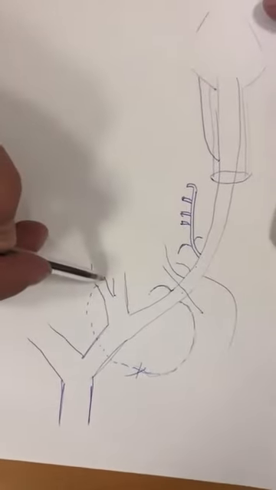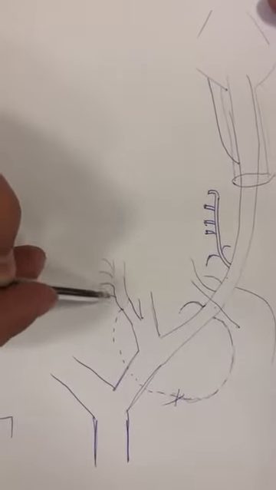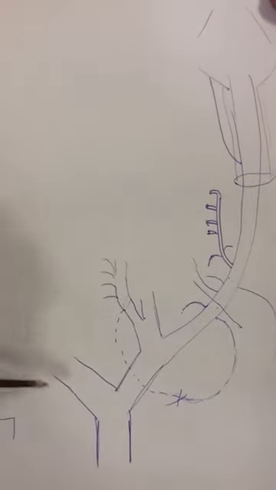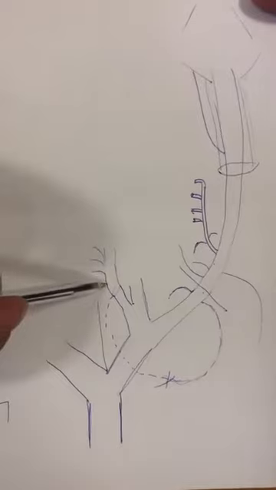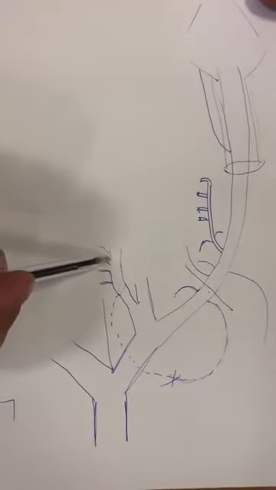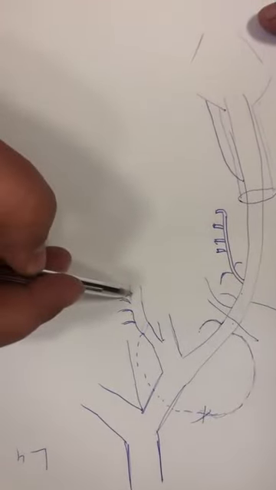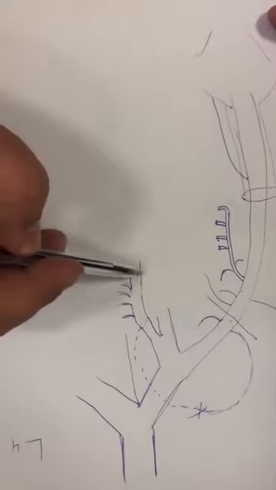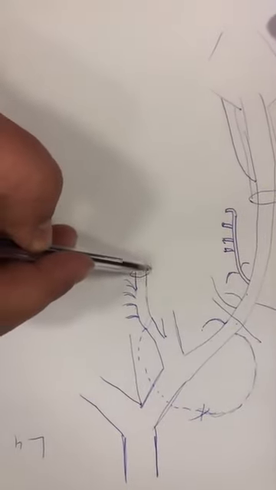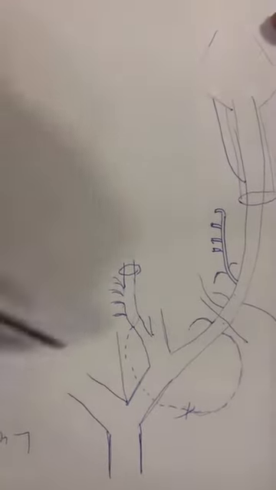The same posterior trunk gives arteria sacralis lateralis, usually 4 in number. Today you already know arteria sacralis mediana, and here it is arteria sacralis lateralis, starting from internal iliac artery. And continuation of posterior trunk is arteria glutea superior. It passes through foramen suprapiriforme and supplies gluteal muscles.